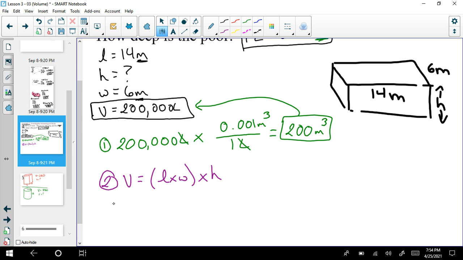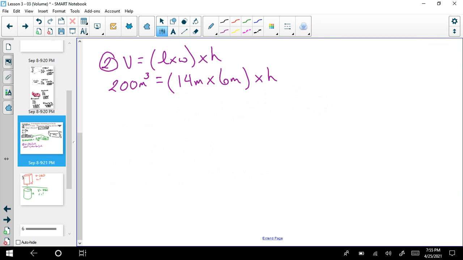So my volume is now 200 meters cubed, which equals, and then my length is, we're going to bracket, 14 meters times my width is 6 meters times my height. Okay, and so I get, let me just extend the page a little bit. So then I get 200 meters cubed, and then 14 times 6, which gives me 84. And this would be in meters squared, right? Because we have a meters times a meters, which is meters squared, and then times height.